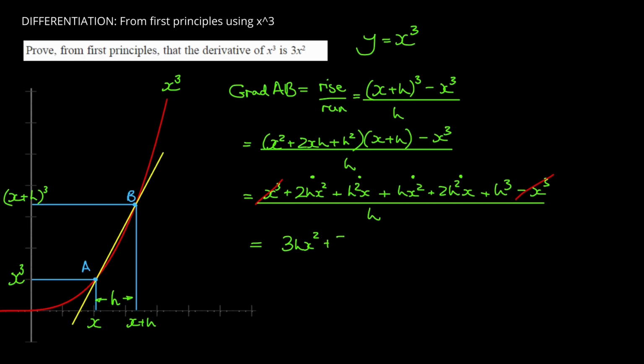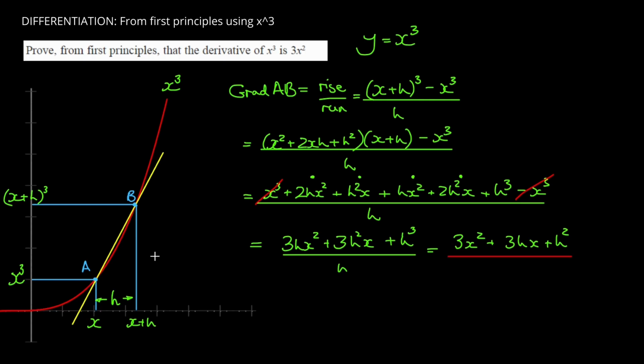So this is plus 3h squared x plus h cubed. And again, this is all divided by h. So now dividing through by h, we get 3x squared plus 3hx plus h squared. And that is a perfectly good description of the gradient of AB.